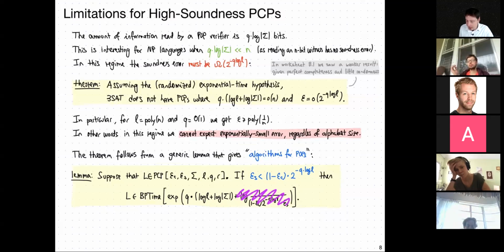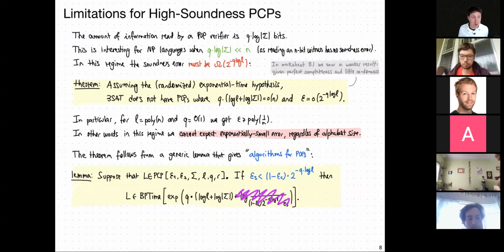There's a question by Vahid: why can't we have an exponentially large alphabet and encode an entire satisfying assignment in one symbol? That is exactly what this condition is for. It's saying that we cannot store Q log sigma bits of an entire satisfying assignment in the local view. And similarly here, Q log sigma is interesting only when it is sublinear. So it's exactly why you have Q log sigma appearing there and Q log sigma appearing here.